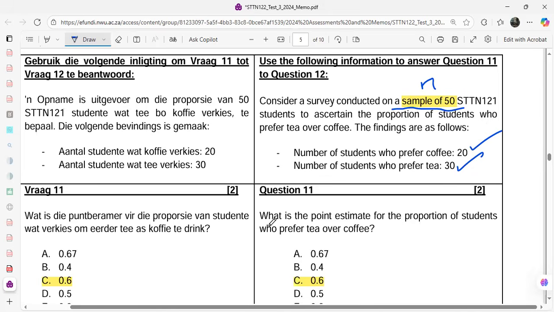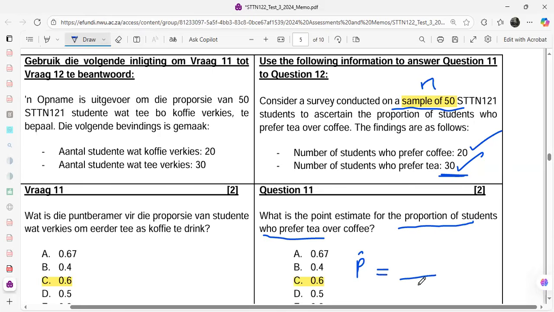What is the point estimate for the proportion of students who prefer tea over coffee? Remember, it's the P cap, the point estimator, because now we're dealing with proportions. P cap is equal to X divided by n.